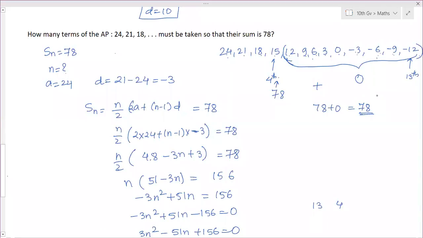Clear? Yes, ma'am. Reason clear why there are two values of n we got. Up to the lower value of n, the terms are proper numbers, positive or maybe negative, depending on the sum. Then after that, till the second n value, the terms include both positive as well as negative numbers, due to which they add up to become 0.